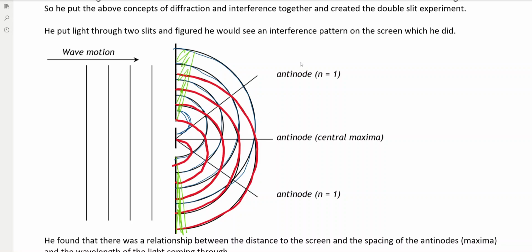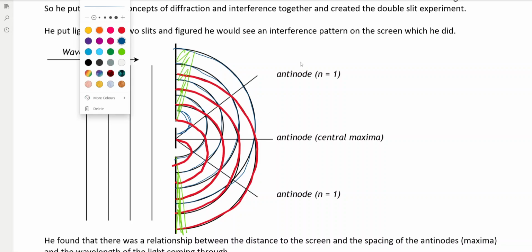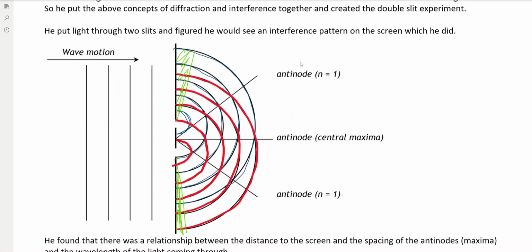So you'll see that there are places where the blue matches with the red. There, and I mean you would see that would happen here as well. Here, it's not perfect, but again you can see it. Here, here, here, here, here, and right down the center as well, which we call the central maxima or center antinode.